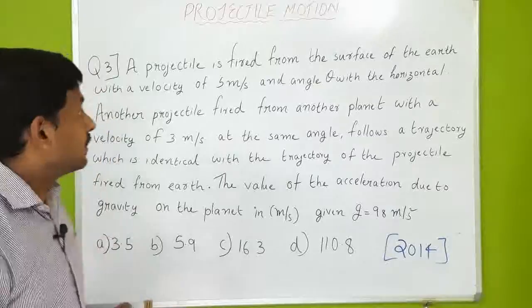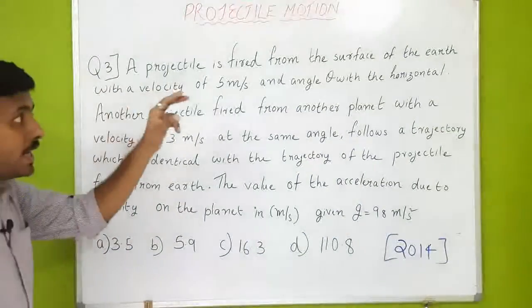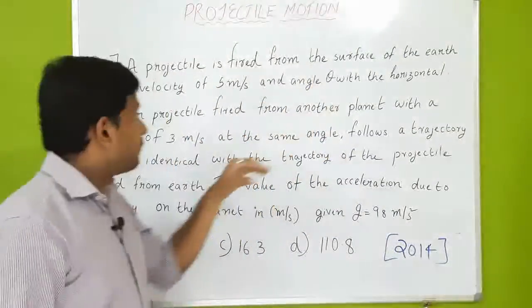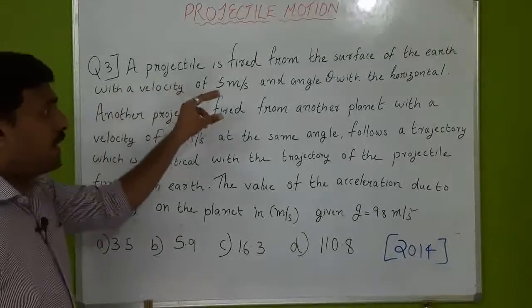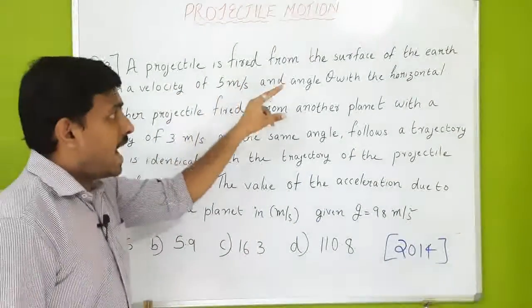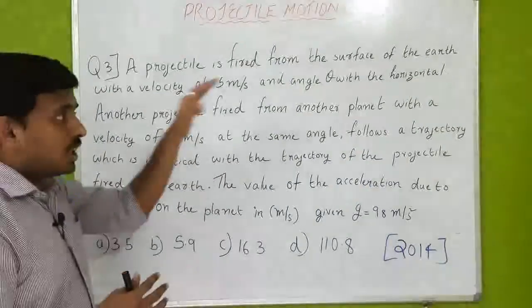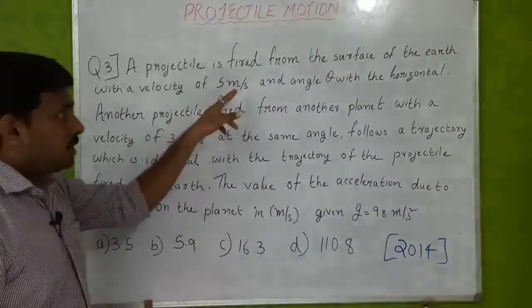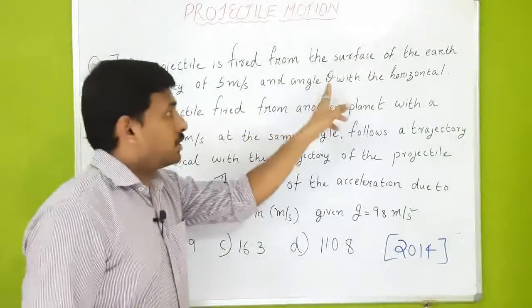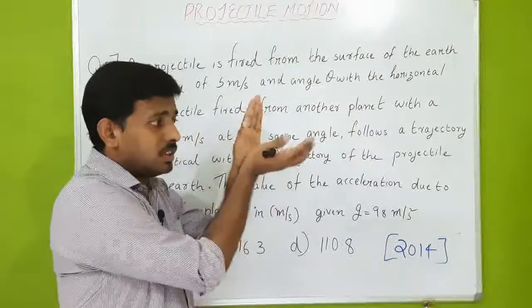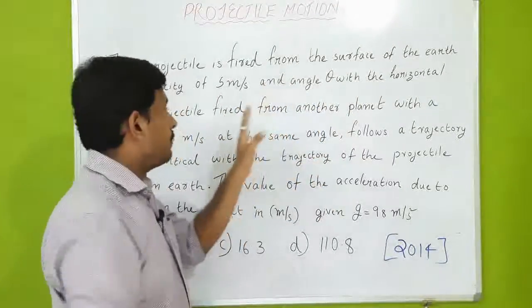Question number 3. A projectile is fired from the surface of the earth with a velocity of 5 meters per second and angle theta with the horizontal. So a projectile is projected from the surface of the earth and its initial velocity is 5 meters per second and the angle of projection is theta, that is, the angle with the horizontal is theta.